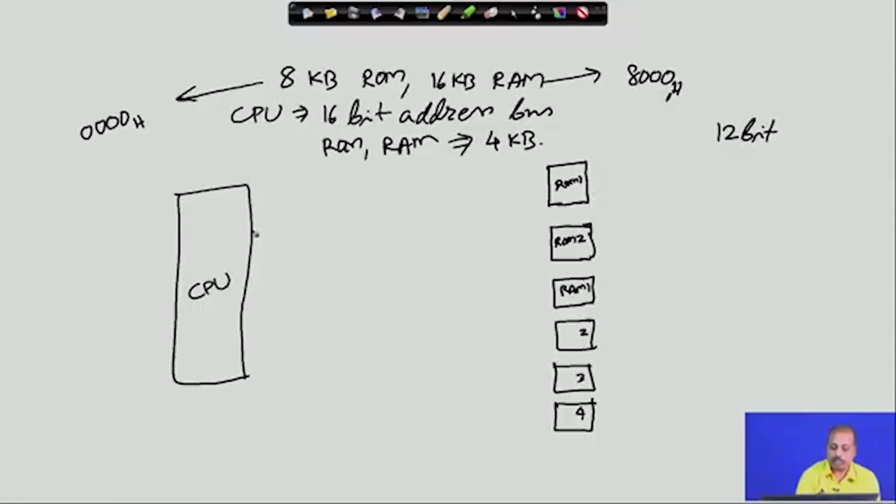So, from the address bus I take the lines A0 to A11. Those 12 lines go to the address lines of individual chips.